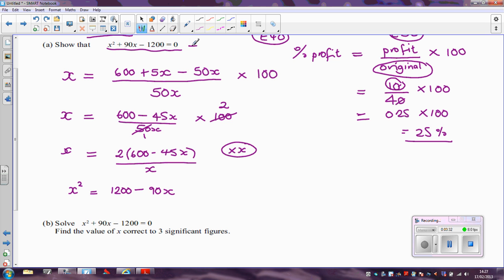So I'm going to add 90x to both sides, and at the same time, I'm going to subtract 1200 from both sides. So on the left-hand side, I'm now going to have x squared plus 90x minus 1200, and that must equal 0, and there's my quadratic equation.